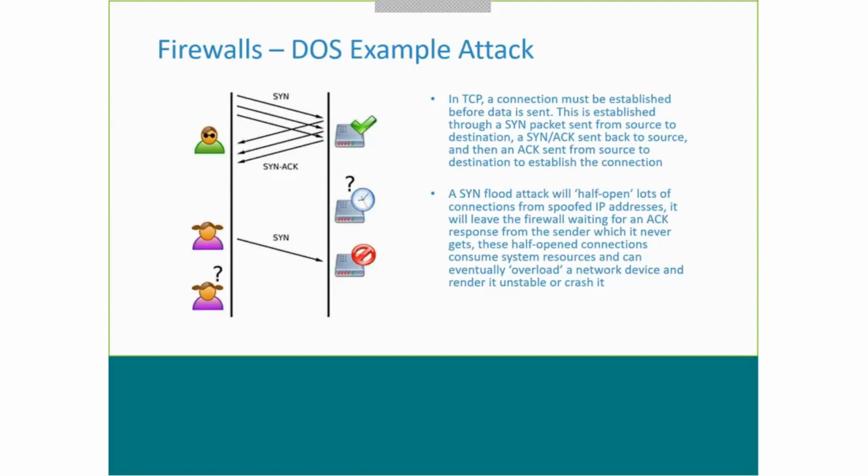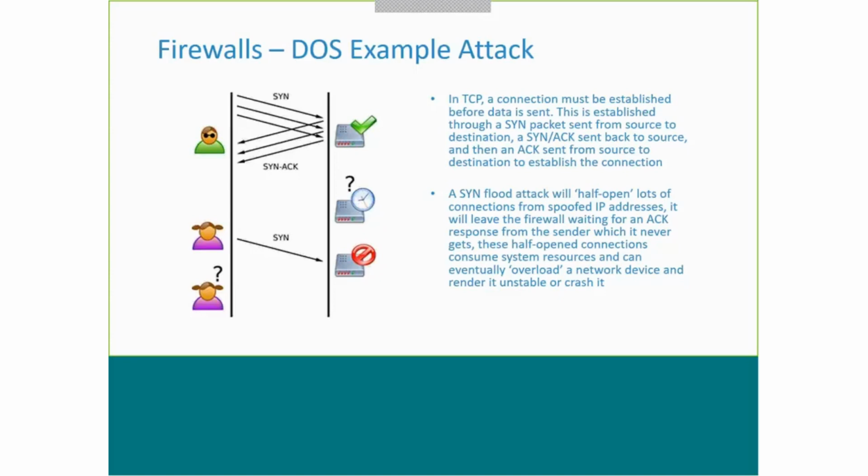In this attack, what's happening is the hacker is sending lots of synchronization packets. It's trying to establish lots of connections. The device on the right is sending these SYN ACKs back, saying, okay, I'm ready to accept, just send me your final acknowledgement, but the user never does. So these half-open connections are residing in memory on your device, whether that would be a layer-3 switch, a firewall, or whatever.